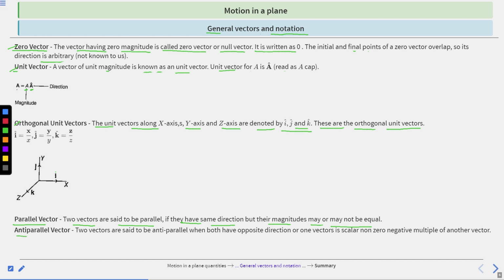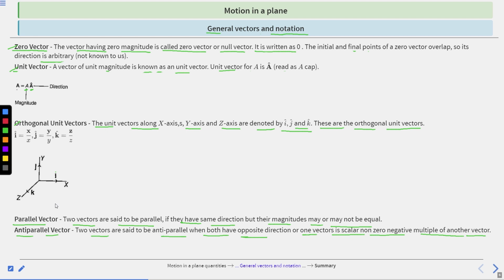And anti-parallel vectors: two vectors are said to be anti-parallel when they have opposite directions and one vector is a scalar, non-zero, negative multiple of the other vector. Clear? So this is an anti-parallel vector.